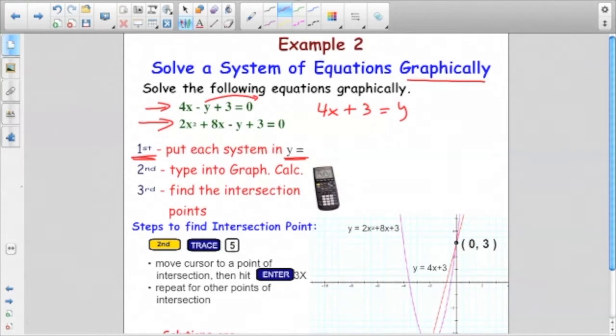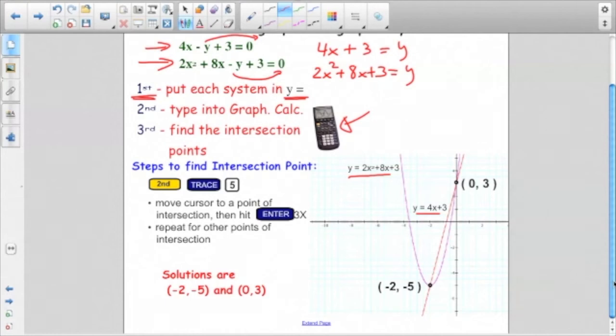This one here, same thing, I have a negative y, I'm just going to move it over there. And so I have 2x squared plus 8x plus 3. So now I have them into y equals. Now I'm going to go to my calculator, punch them in. So that one and that one go into my calculator.